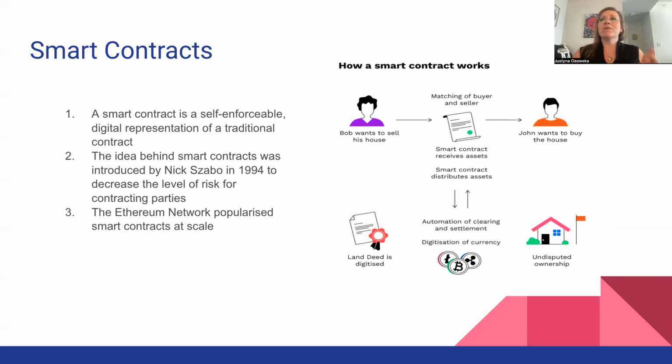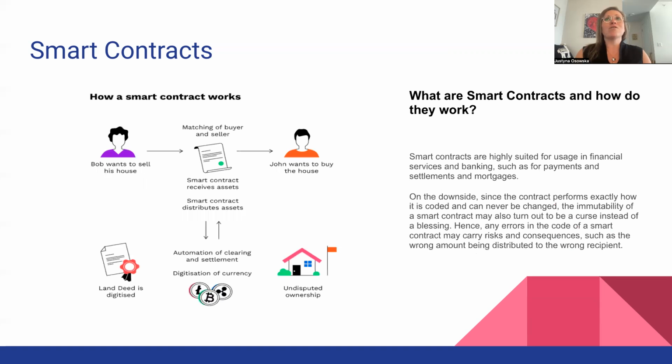Once you send over the money, the title will change hands from one party to another because the criteria of the business rules have been met. So it's getting rid of the intermediary, and it's self-executing based on the fact that the business rules have been met. And in the time of the ICO boom, when you sent in your money, you would get the ownership of that specific coin.